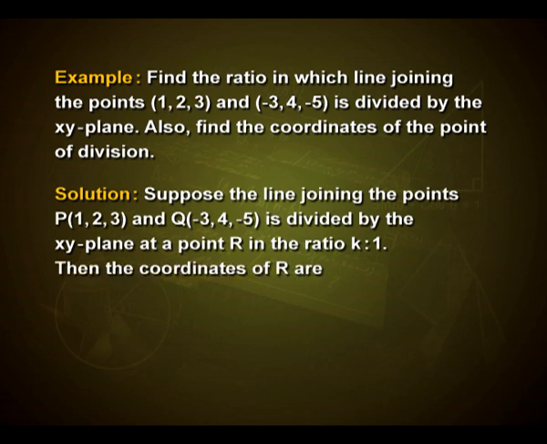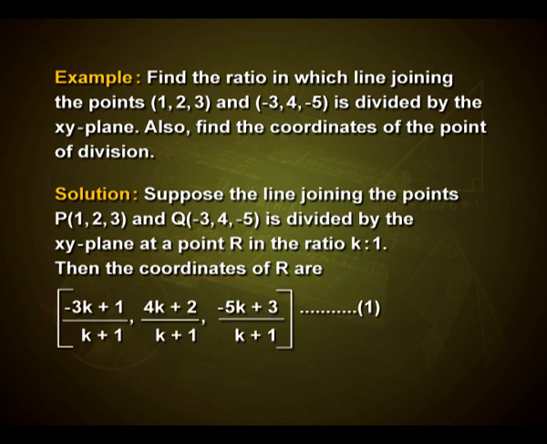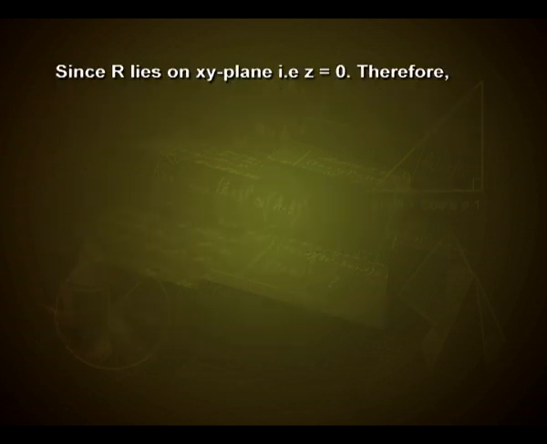Then the coordinates of R will be given by ((-3k plus 1) upon (k plus 1), (4k plus 2) upon (k plus 1), (-5k plus 3) upon (k plus 1)). Take this as the first equation. Since R lies on the xy plane, that is z is equal to 0, therefore, we can equate (-5k plus 3) upon (k plus 1) is equal to 0, which on solution will give us k is equal to 3 upon 5.